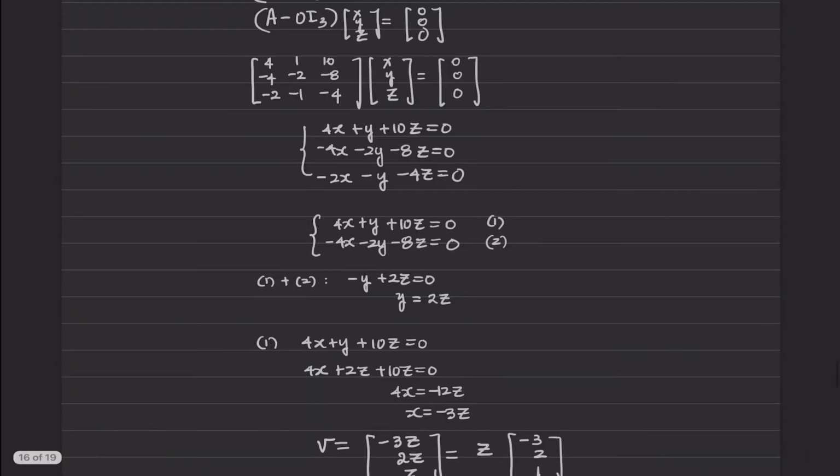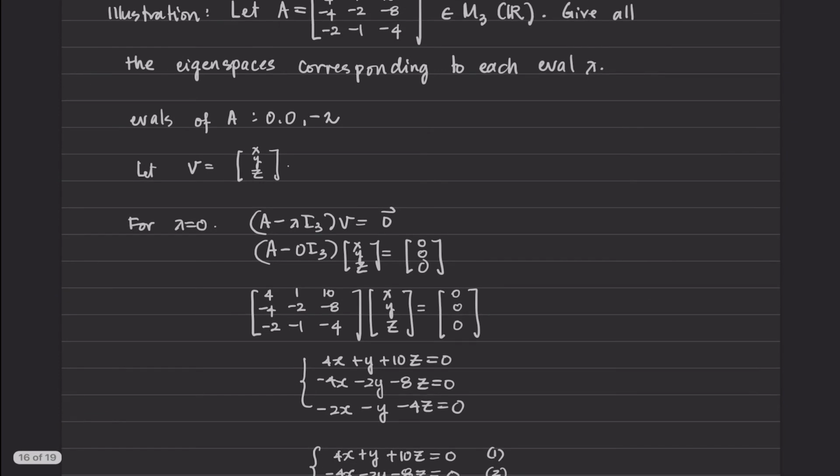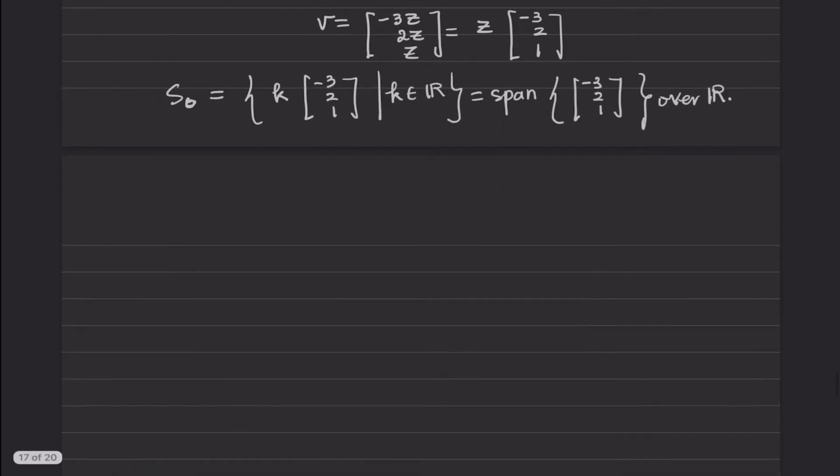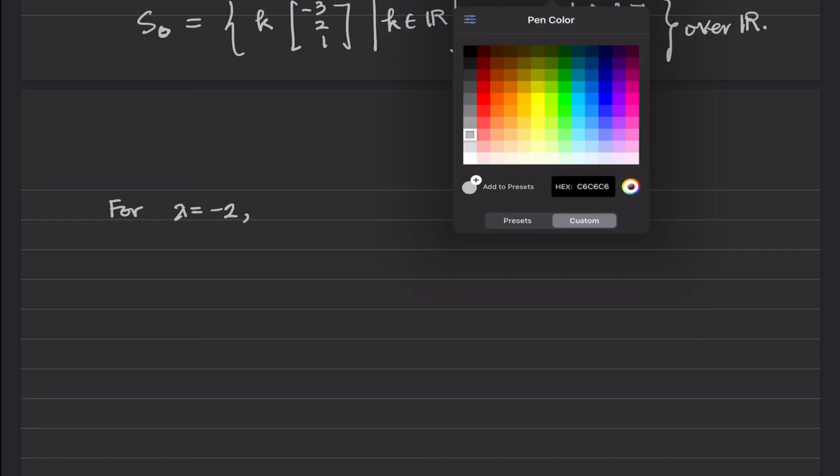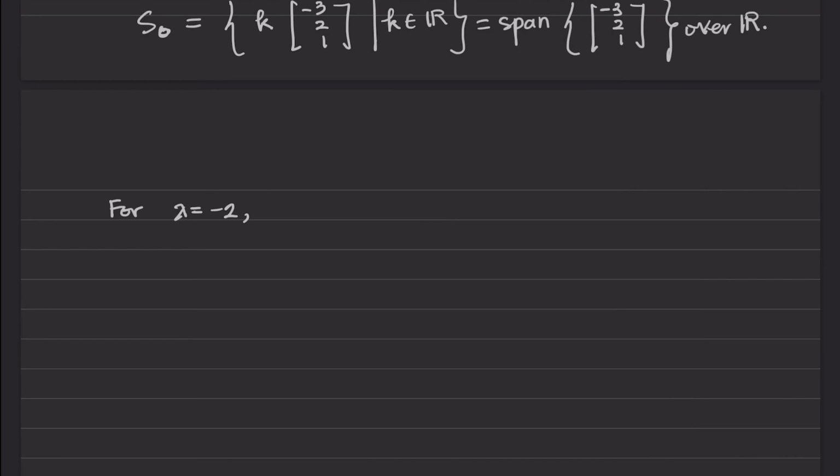So, lipat naman tayo doon sa eigenvalue na negative 2. So, for lambda equal to negative 2, kukompute natin ulit yung v, no? So, dito ko na lang isusulat yung v, x, y, z. So, same lang yung gagawin natin.